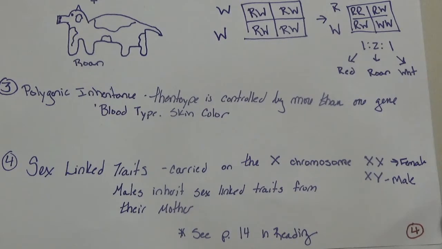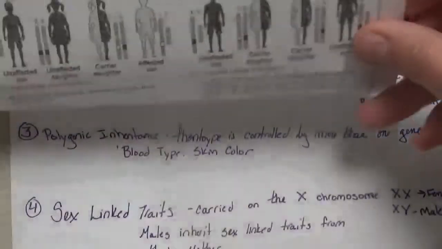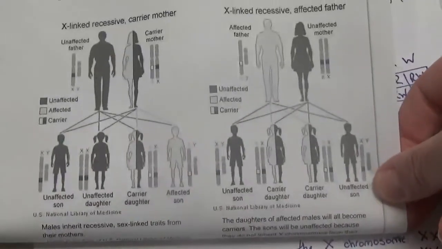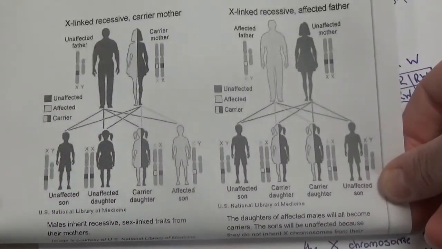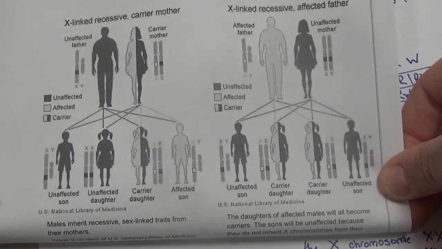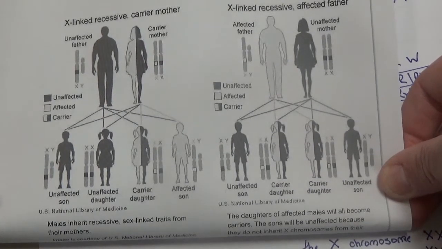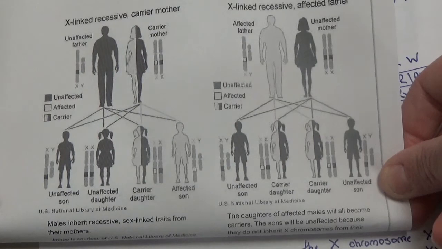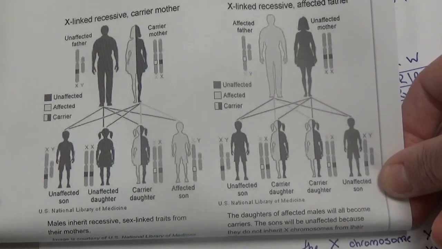This is on page 14 of your reading packet. And if you're confused about your sex-linked traits, please take a closer look at page 14 because it shows you some really good crosses of how you can be a carrier mother and end up with a son who's affected with a sex-linked trait, whereas if you're a non-affected mother but an affected father, you don't have a son who's affected with the trait, but you do have carrier daughters.